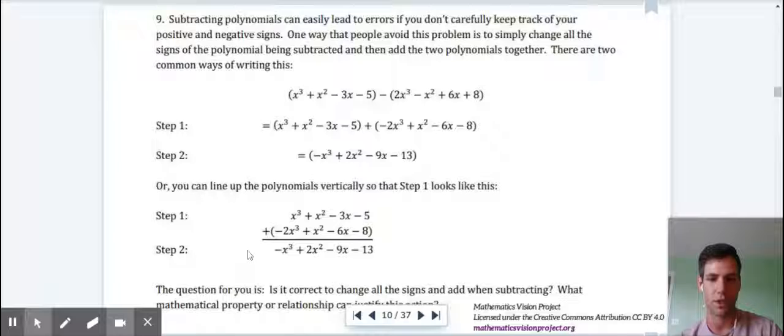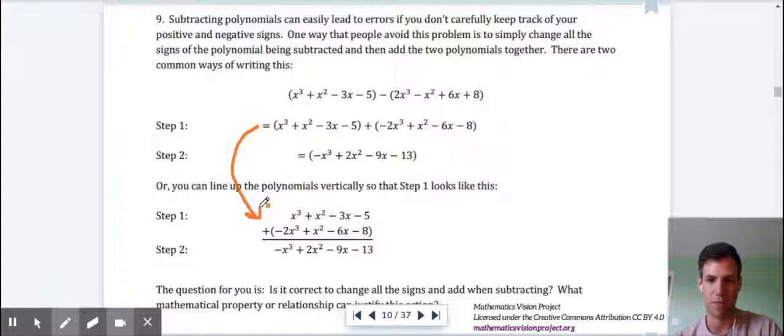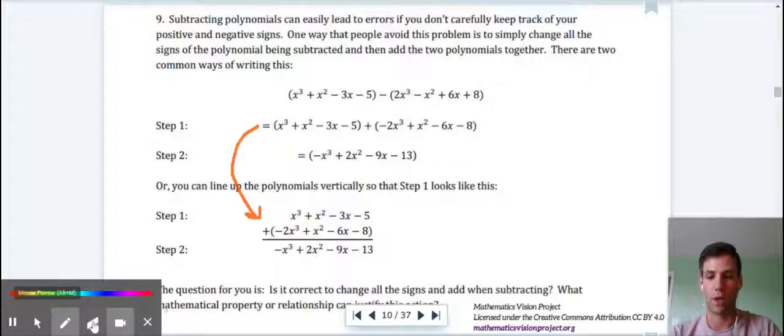You can also line it up, take step 1, what they did right here, and bring that down and just do it vertically once it's addition, and you get the same thing. So we can use this basically no matter what when it comes to subtraction.